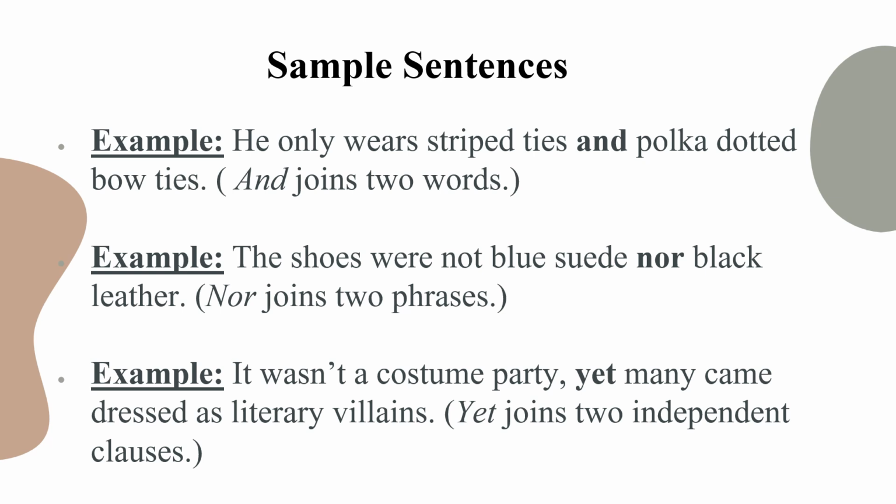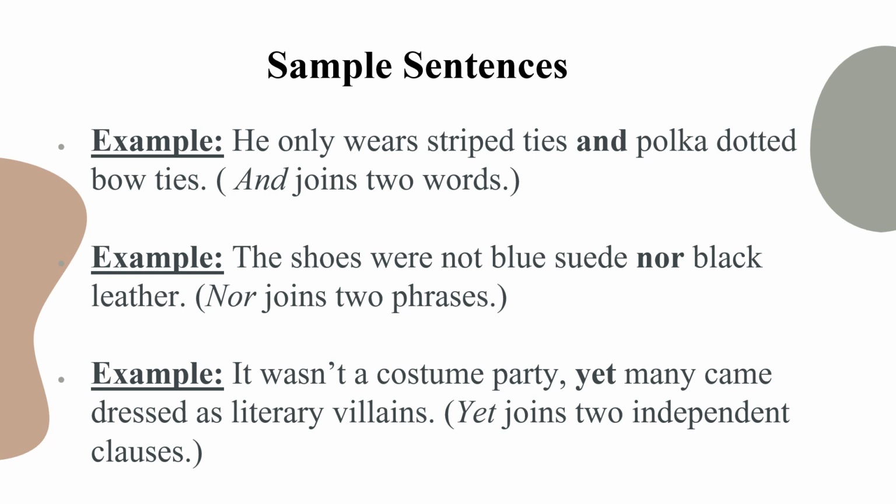Now herein, some sample examples have been provided for facilitating a better and efficient comprehension of what coordinating conjunctions are, along with their usages. First example is, "He only wears striped ties and polka-dotted bow ties." And joins two words.